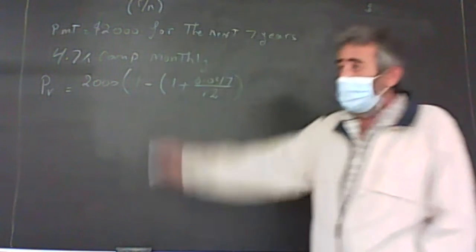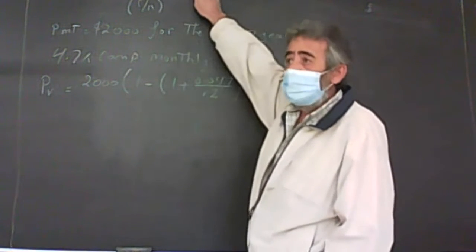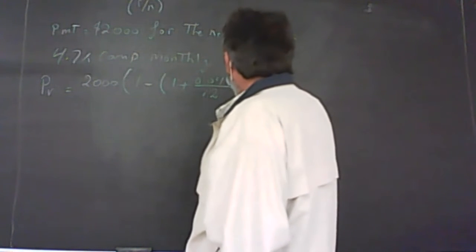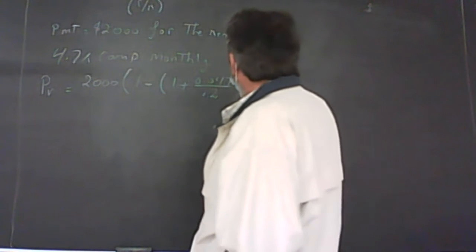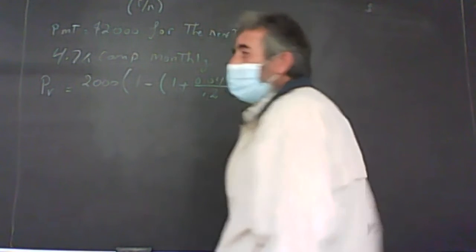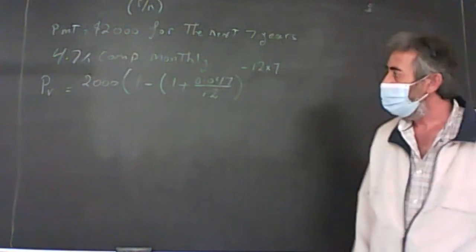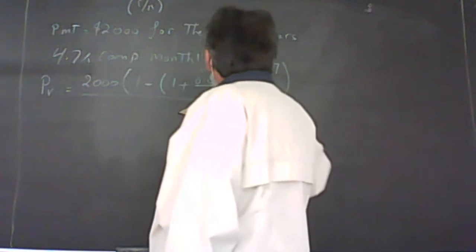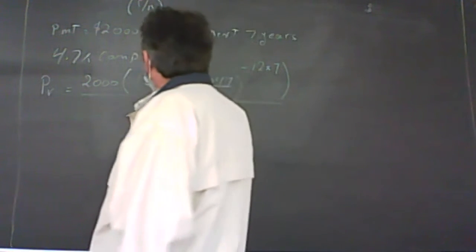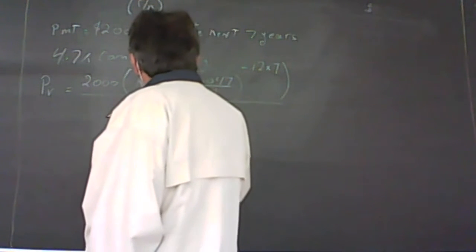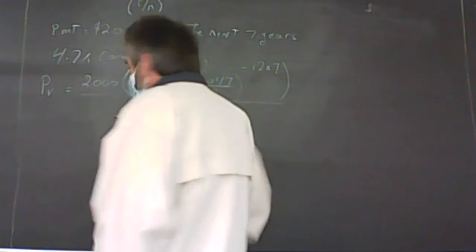Again, remember the exponent is negative, so to the power negative 12 times 7, for 7 years, divided by r, which is again 0.047 over 12.